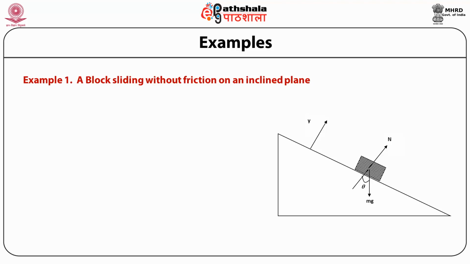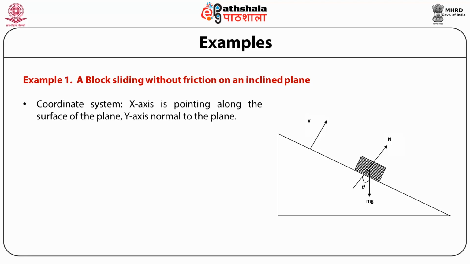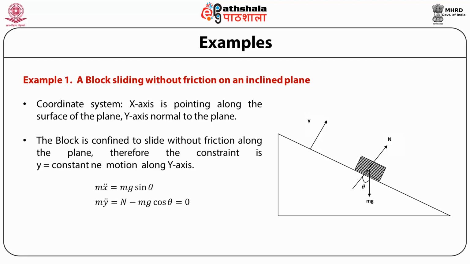So if we choose our coordinate axes in such a manner that x lies along the inclined plane and y is perpendicular to the inclined plane, since the motion is constrained along the plane, it has only 1 degree of freedom, that is x. We choose the coordinate system such that the x-axis is pointing along the surface of the plane and the y-axis is normal to the plane. The block is confined to slide without friction along the plane.